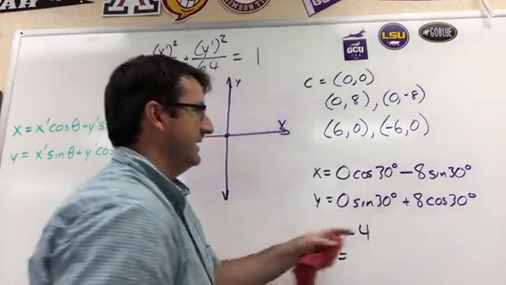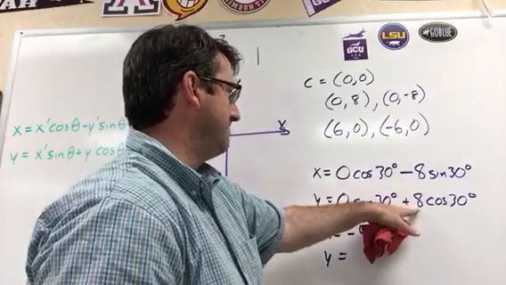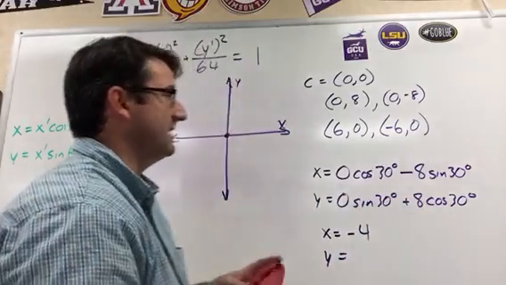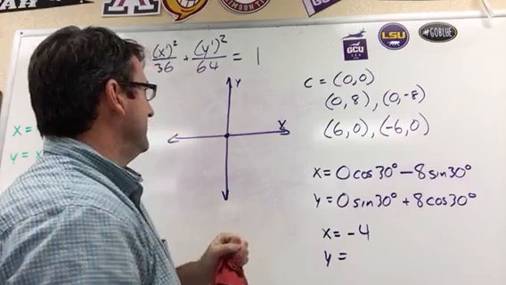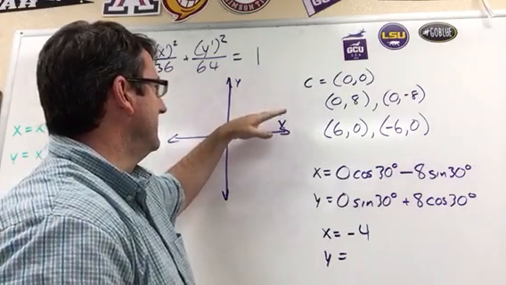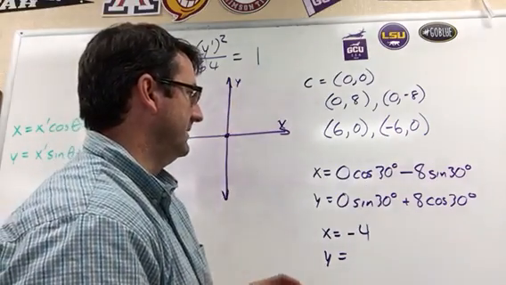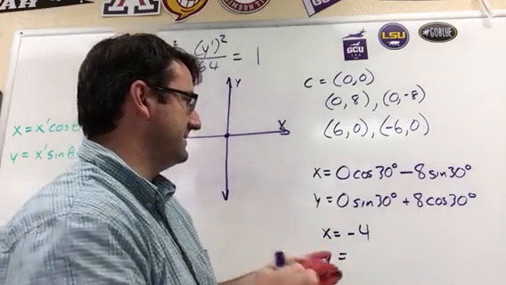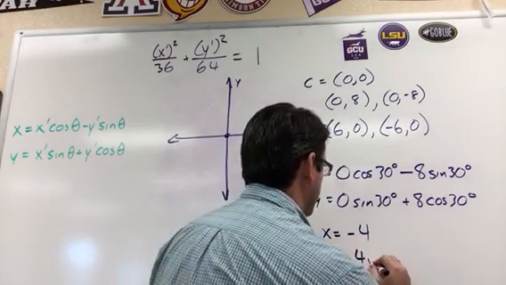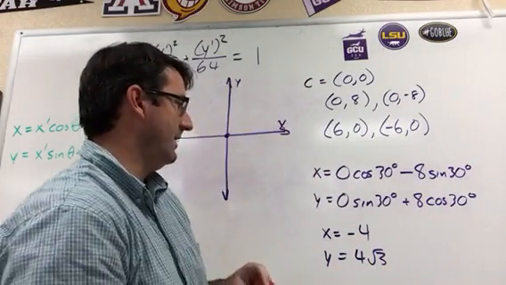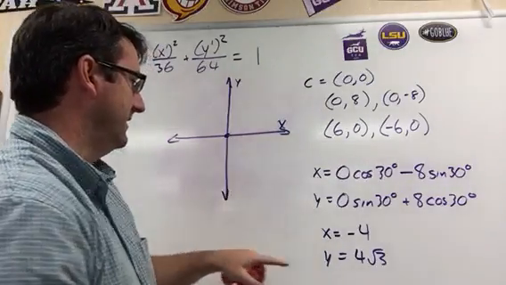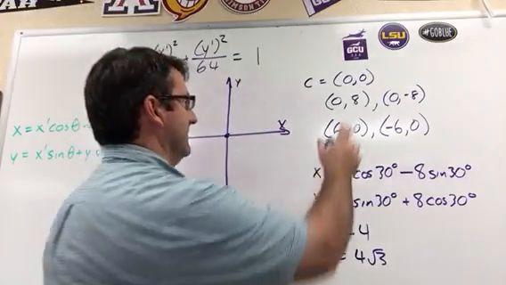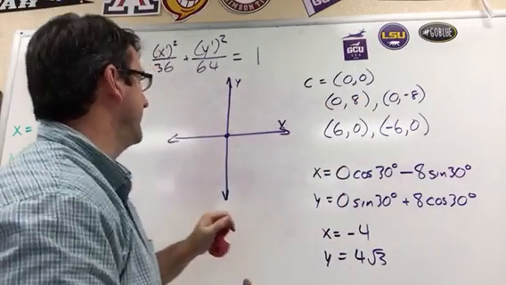And y is going to be 8 times the cosine of 30 degrees, which is square root of 3 over 2. Square root of 3 over 2 times 8 is going to be 4 times the square root of 3. So that's going to be this vertex there.